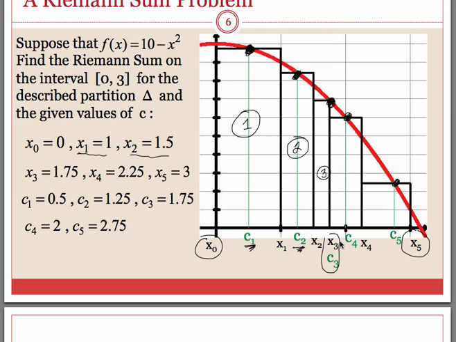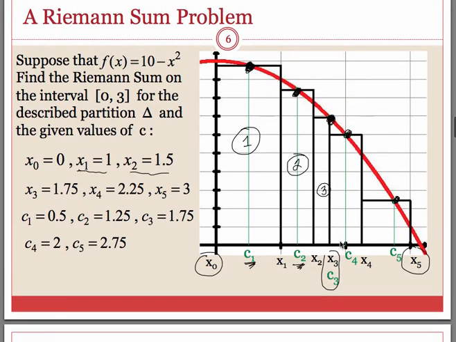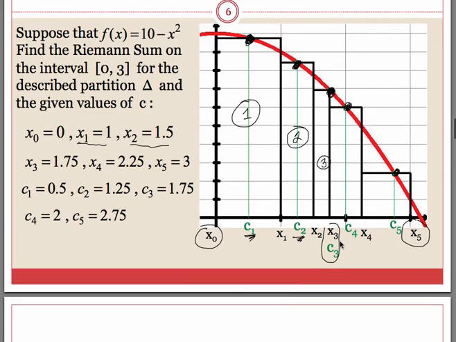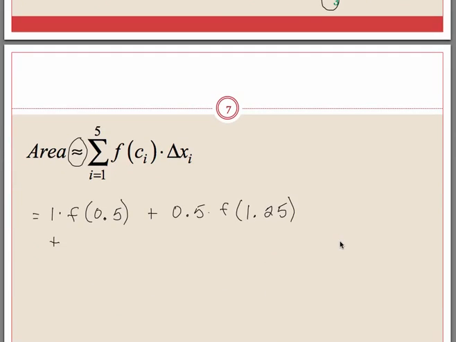So the height of that skinny rectangle we're going to get by substituting the C3 value, 1.75, into the function. Notice how it's not even consistent in terms of the placement of where the rectangle's hitting the curve, unlike what we saw with the left endpoint, right endpoint, and midpoint approximations. All right, so this is the skinny rectangle. It had a width of 0.25, and the height we're getting by substituting 1.75 into the function.